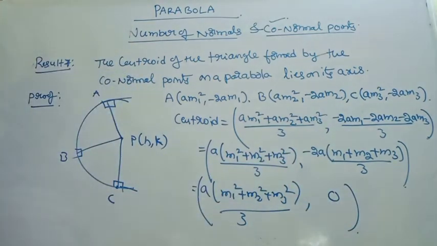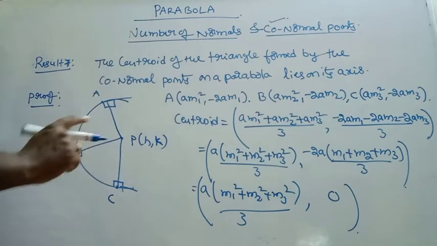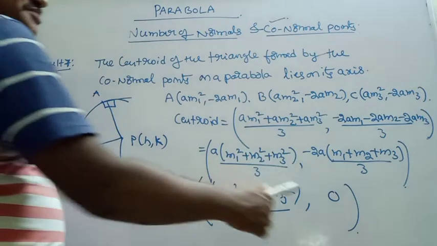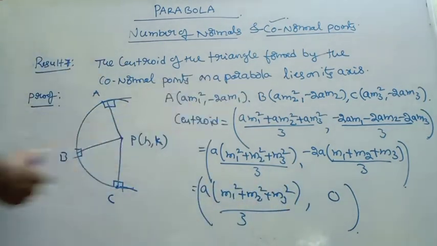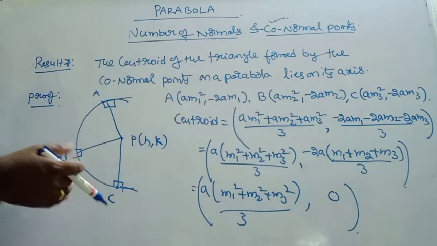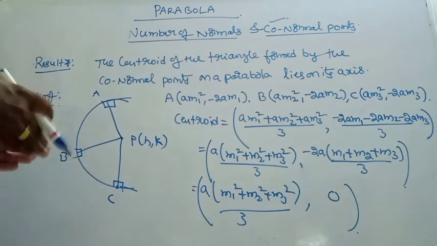That means, my dear students, the centroid lies on its axis, because the y coordinate becomes 0. Y equal to 0 means what? It is the x-axis, the axis of its parabola.